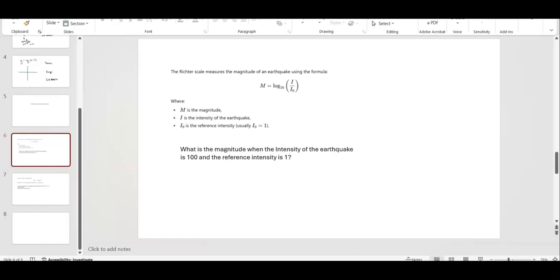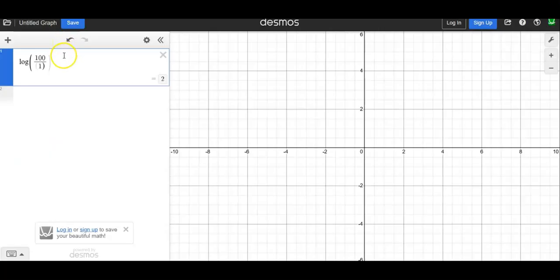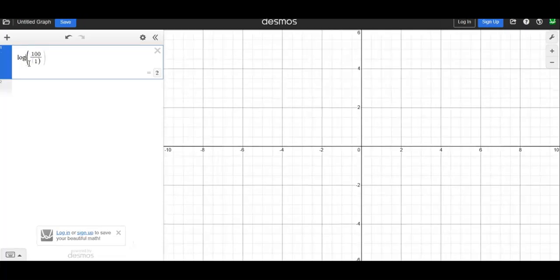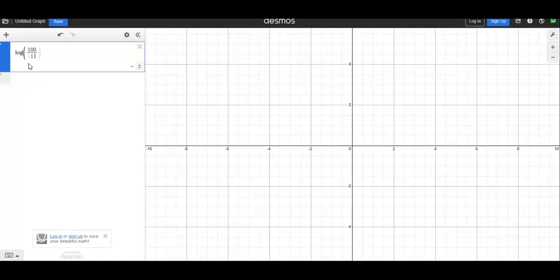I'm going to go to Desmos and type that in. I went ahead and typed this in. I didn't type the base 10 because that's the default base. If you do type the base 10, it won't change anything. Oh, I was hitting Control instead of Shift. There we go. So you can see that it doesn't make a difference.